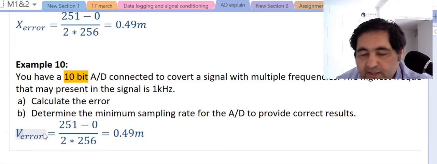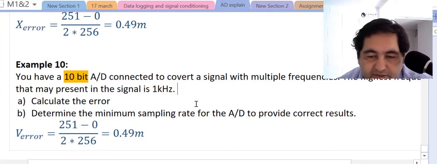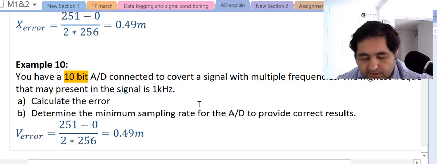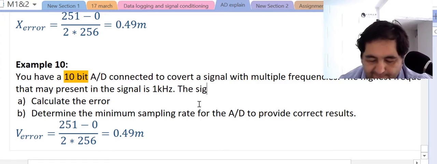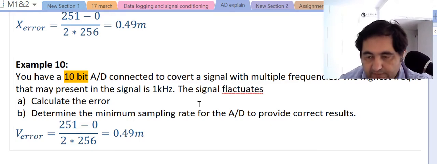Do I have the information that I require? No, I don't, because the signal range is not given to me. So let's have the signal range too. The signal fluctuates between -5 to 10 volts.